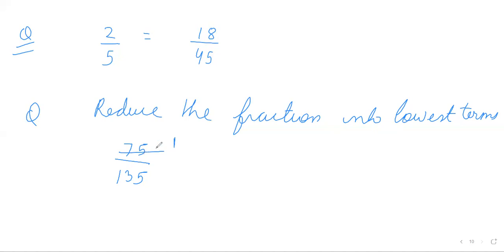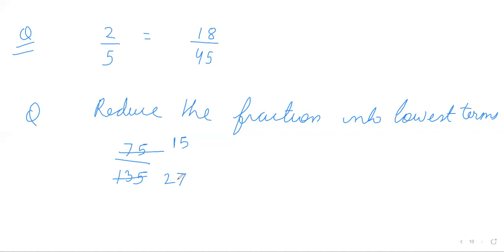So 25 means 5 fives are 25. Yes, ma'am. If I cut 135 by 5, 5 twos are 10, then 3 remains from this 13. So 5 sevens are 35.